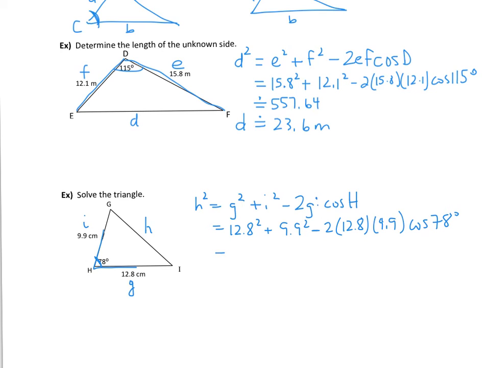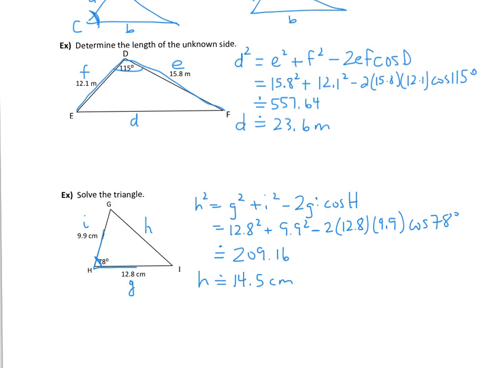And again, put that in your calculator in one fell swoop. 12.8 squared plus 9.9 squared minus 2 times 12.8 times 9.9 times, I'm hitting 78, and then cos, some of you will just do the cos of 78 degrees, equals, I get 209.1, which rounds to 1/6. H is approximately equal to, I want the square root of that, 14 point, ooh, that's going to round to 5. So h is 14.5 centimeters.